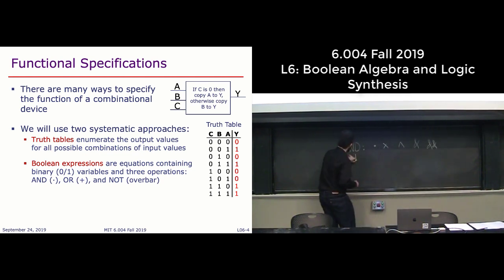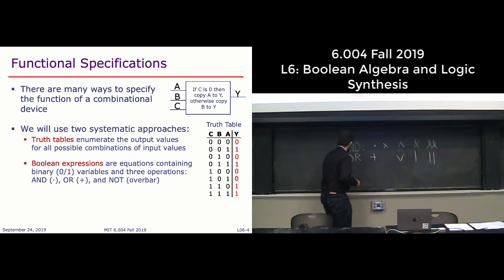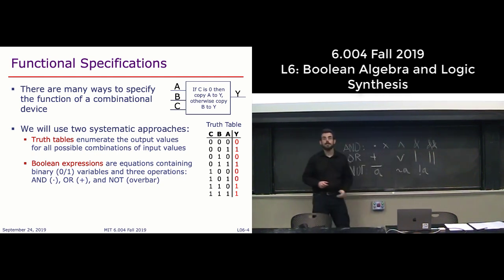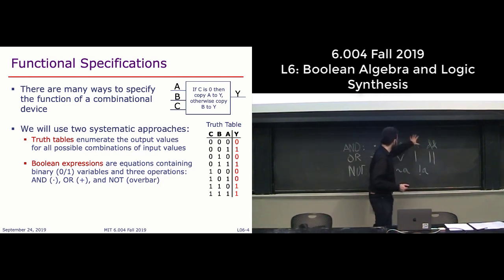Or, we're going to use plus, but these other representations are also possible, and then not. We're going to use an overbar, so not A is A bar, but you also have not A and other forms. And so you might have seen already all these representations in different programming languages. C, for example, uses these ones.